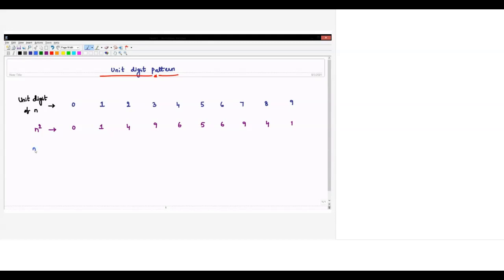Cube. We have the number and its cube. 0 into 0, 0, 1, 2 fours are 8, 3 nines are 27. This is 4, this is 5, 6, 3. Every number is covered in this.